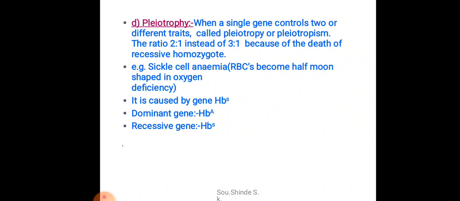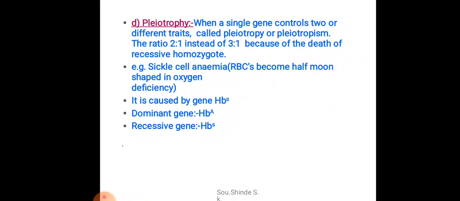According to Mendel's principle of unit character, one gene controls one character, but sometimes a single gene produces two related or unrelated phenotypic expressions. For example, the disease sickle cell anemia.